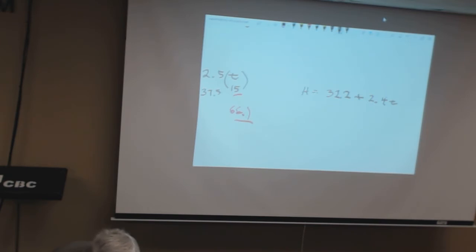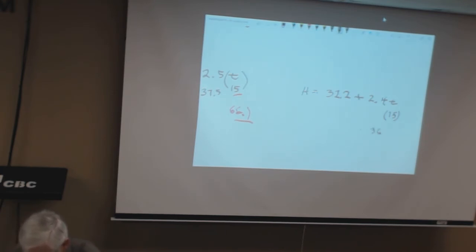And do the same as in part A if the person is male. So we put 15 here for T. Then we take 15 times 2.4 equals 36.